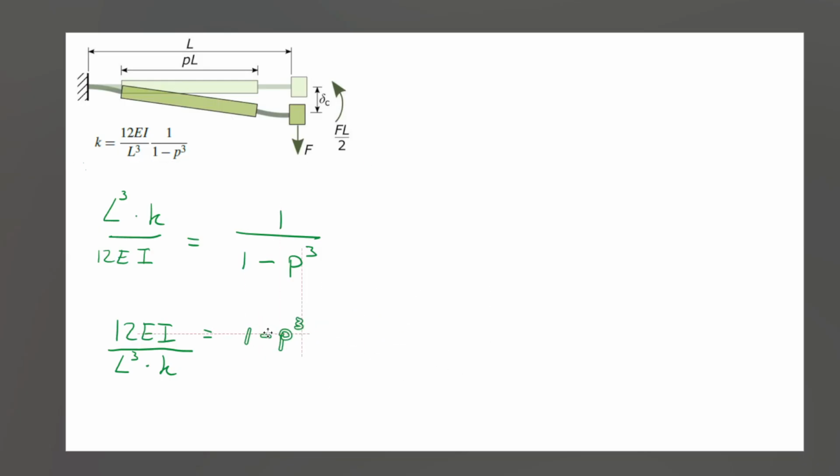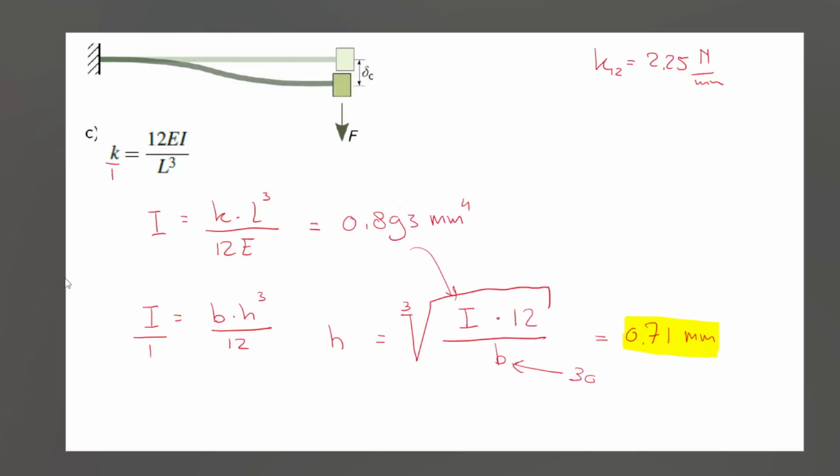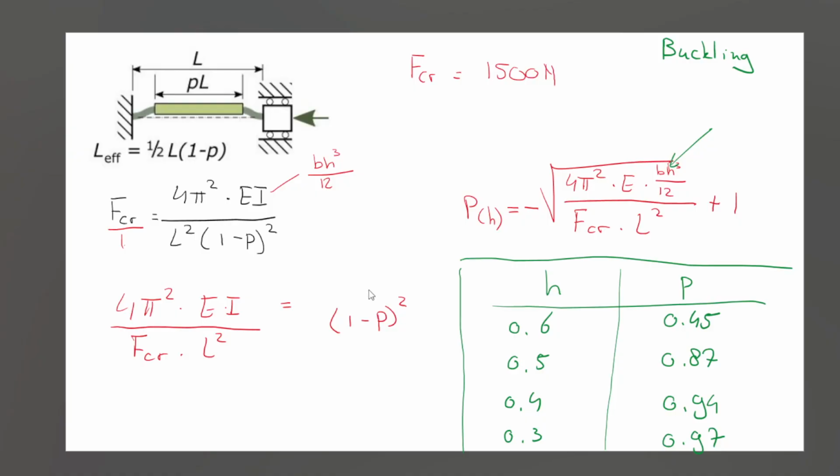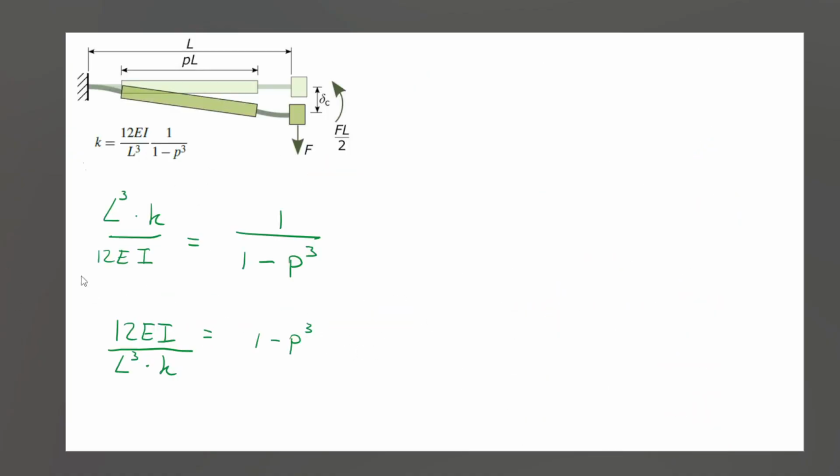I'll take this term and put it over here. Now it's a bit different than in this situation. In this situation we had 1 minus P squared, so both of them were squared. While in this situation it's 1 minus P to the third, so that 1 is not to the third.